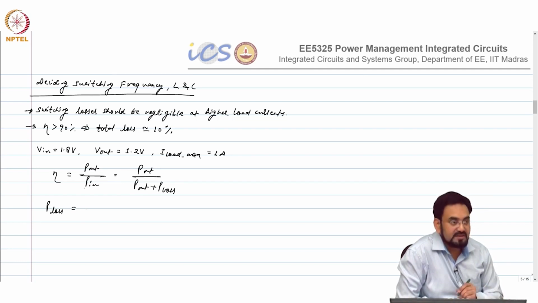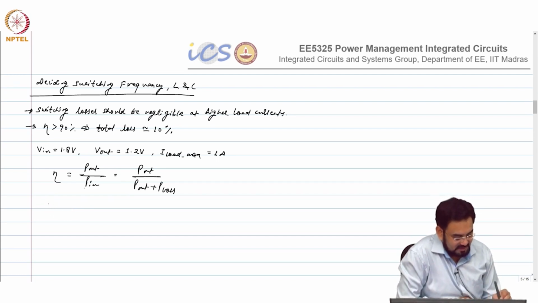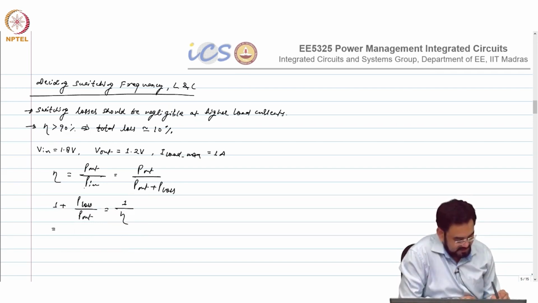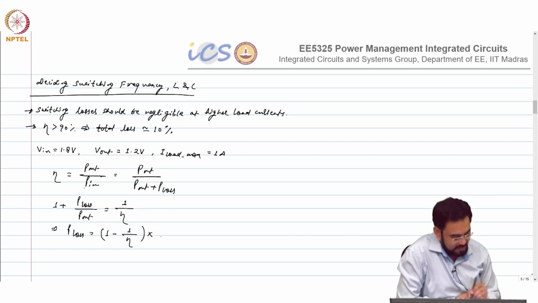Let's do this: 1 plus P loss over P out equal to 1 over zeta. This implies P loss equal to (1 over zeta minus 1) times P out.